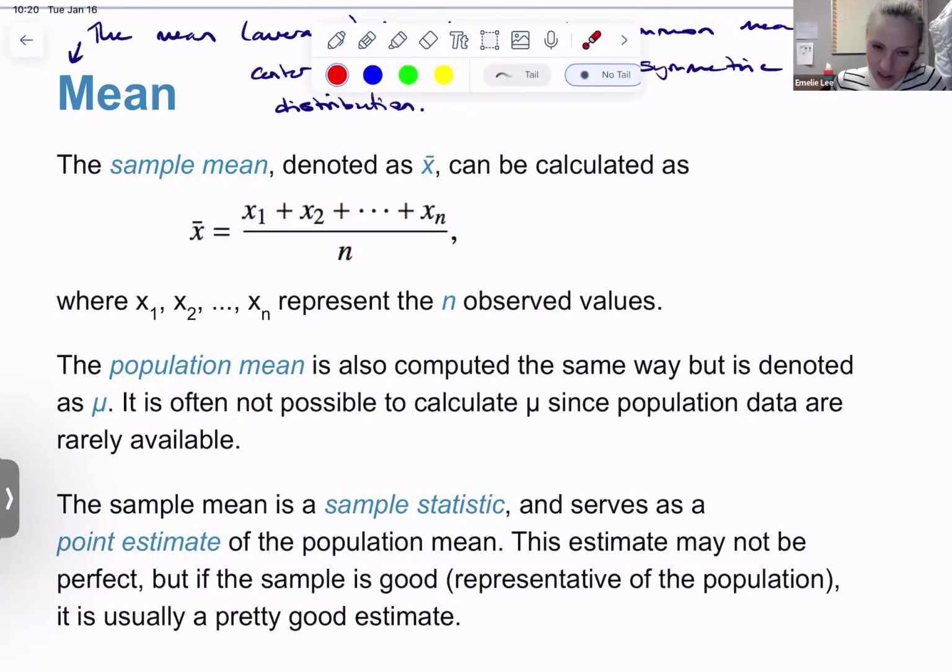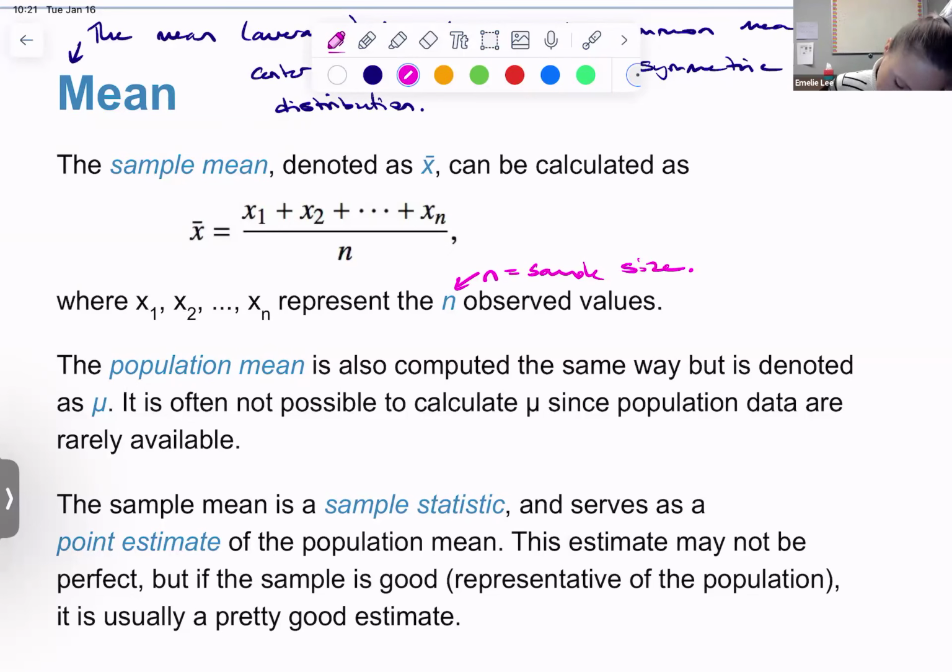The sample mean, denoted by X bar, we add up each of the values in the variable X, which means that we have N. Remember from last day, N is the sample size. You add up all your values and divide by N.